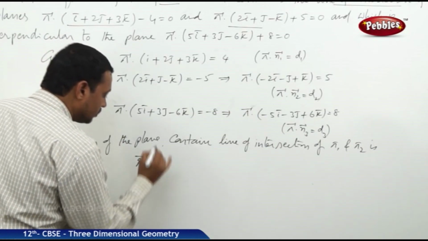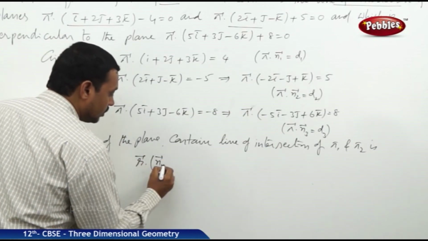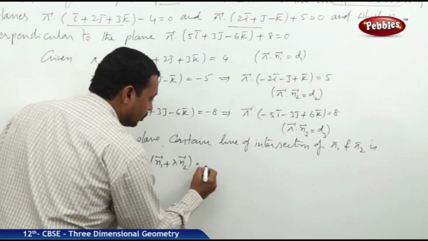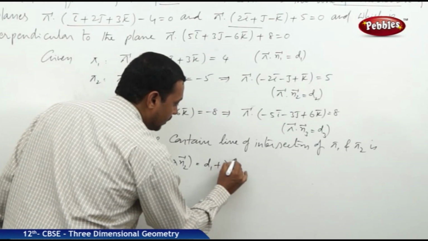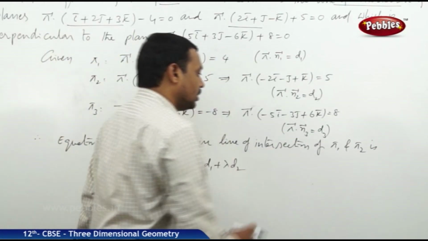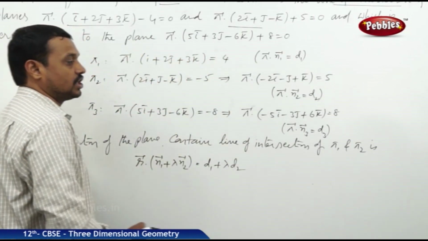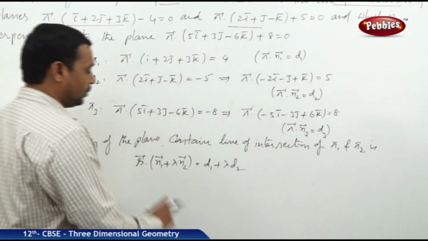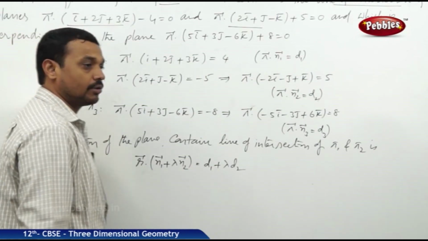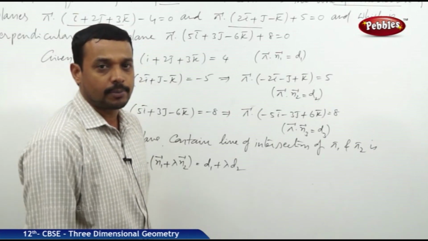R bar dot n1 plus lambda n2 is equal to d1 plus lambda d2. Any plane passing through the line of intersection of the two planes pi 1 and pi 2 is r bar dot n1 plus lambda n2 is equal to d1 plus lambda d2, or simply pi 1 plus lambda pi 2 equals 0.